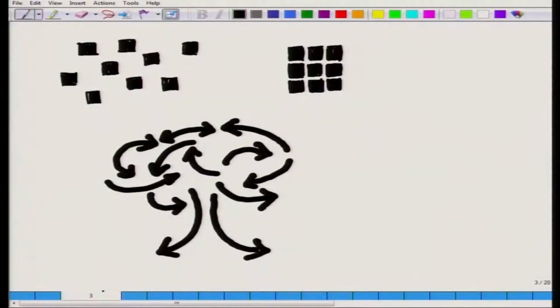Now, this is another example which is also very interesting, where we go by the proximity. So, when we see these blocks, they are separated, there are 9 small squares, but we read them as 9 cubes.